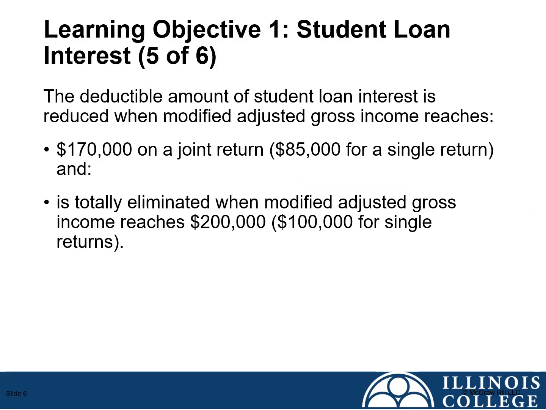So even if a taxpayer paid more than $2,500 in interest, the deduction cannot exceed that $2,500 limit. Now, when we look at this student loan interest deduction, there's also an income limitation. And this is where the concept of phase outs comes in. For a single taxpayer, the deduction begins to phase out once their modified adjusted gross income, or modified AGI, reaches $80,000, and it's completely phased out at $95,000. For taxpayers filing jointly, the phase-out range is $165,000 to $195,000.